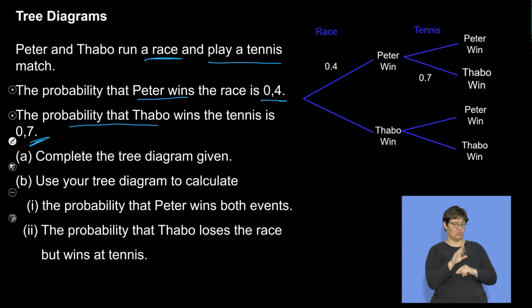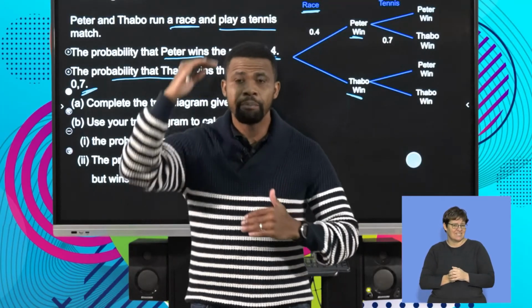So we have Peter wins, Thabo wins. This part, we're talking about a race. What is the chance that Peter wins a race? It's 0.4. If the chance that Peter will win a race is 0.4, what is the chance of Thabo winning a race? We know that the branches add up to 1.